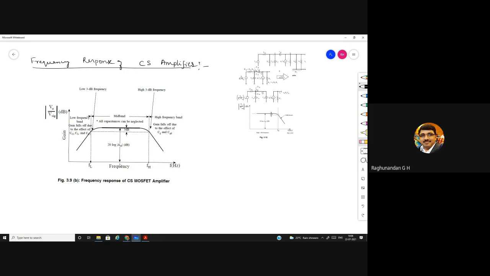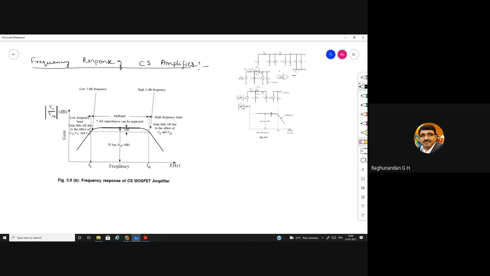So let us see how we are going to do that. We are increasing the frequency in terms of 100, 200, like that. With respect to change in frequency, output voltage will change. When output voltage changes, the gain also varies, and with respect to that, the frequency response is plotted like this. We take the center point of this response, and from that we take 3 decibel downwards and plot a horizontal line.